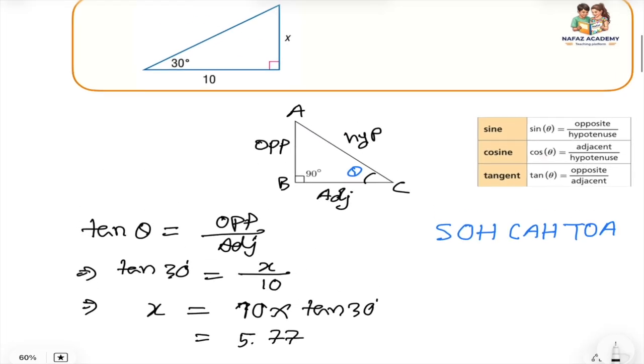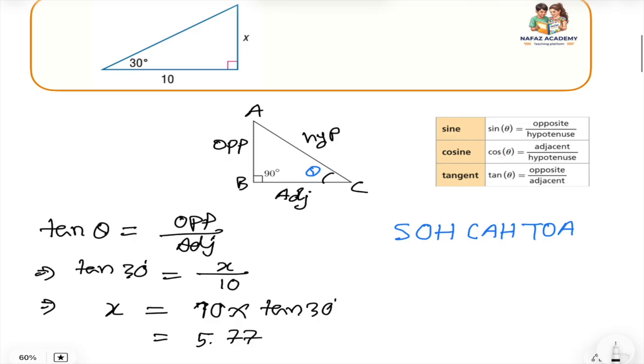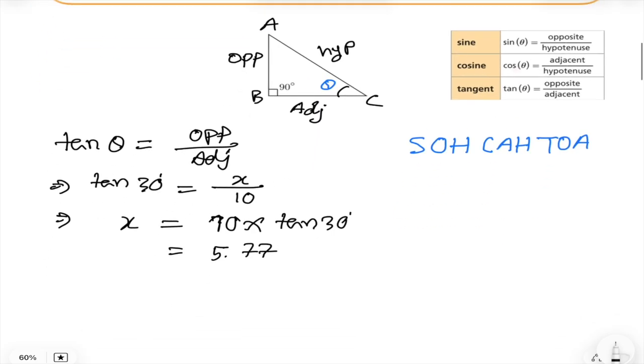So the value of x equals 5.77 centimeters maybe, or something like that. Okay, another one.